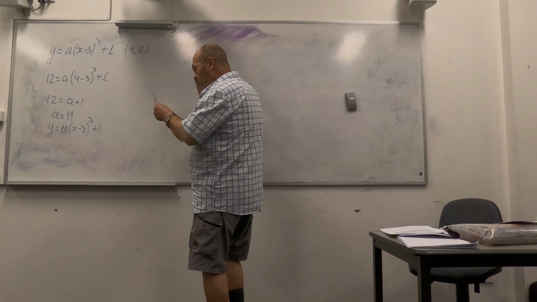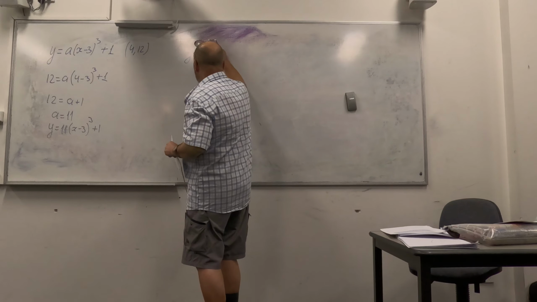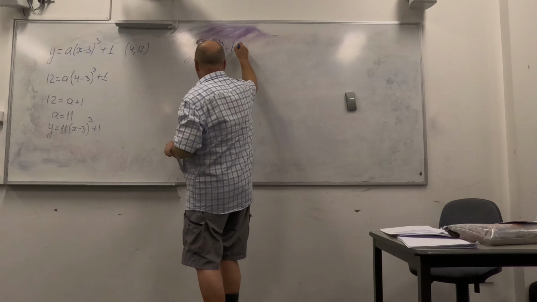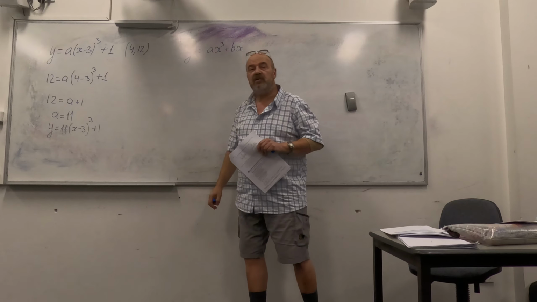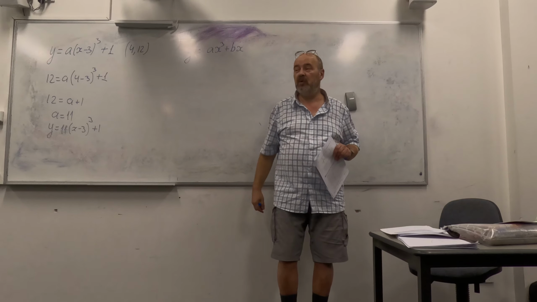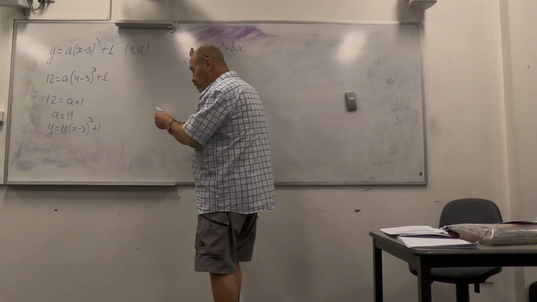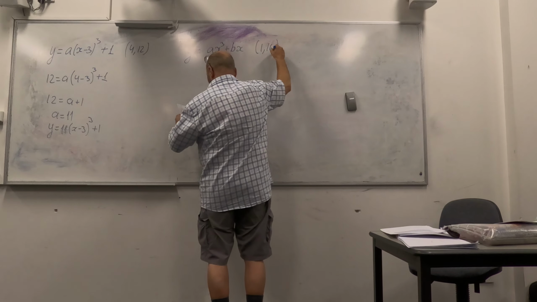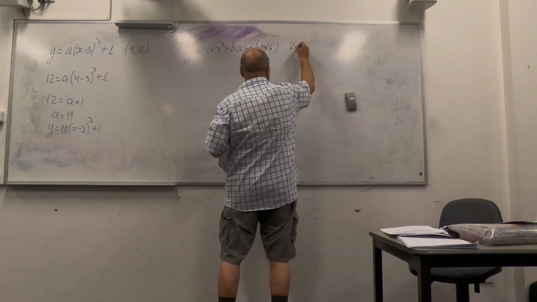So y equals ax cubed plus bx. How many points will we need to be able to find a and b? Two, because we have two parameters, a and b. So we have points given, 1 and 16, and 2 and 40.